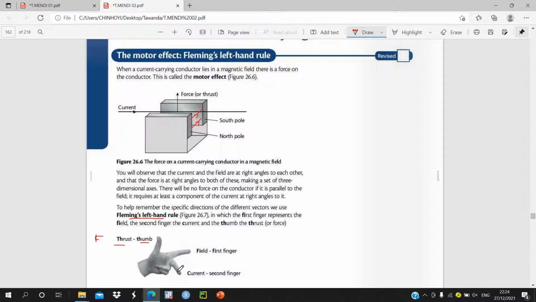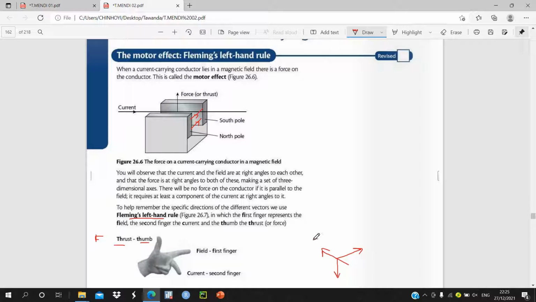If we reverse the current, which means the thumb will be looking downwards, for instance if this is the direction of the current and this is the direction of the field, then the force is in this direction.